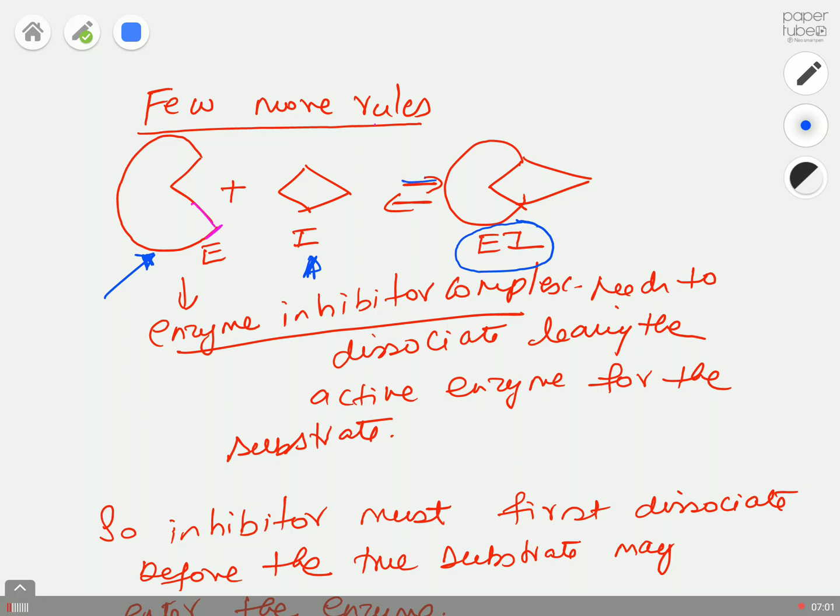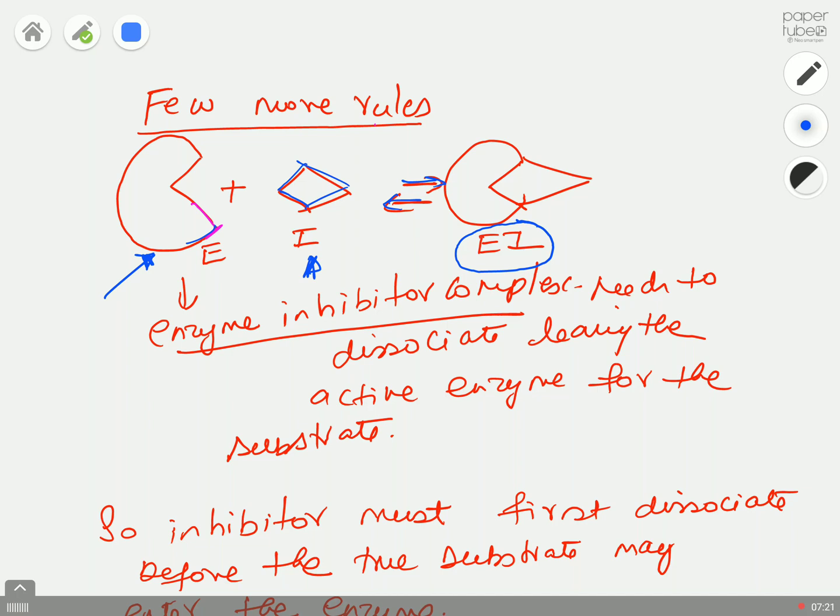And again, this is a purely physical process, very fast, and a completely reversible process. Which means your enzyme inhibitor complex can dissociate back into enzyme, leaving your inhibitor back into the solution. So that's the whole idea.